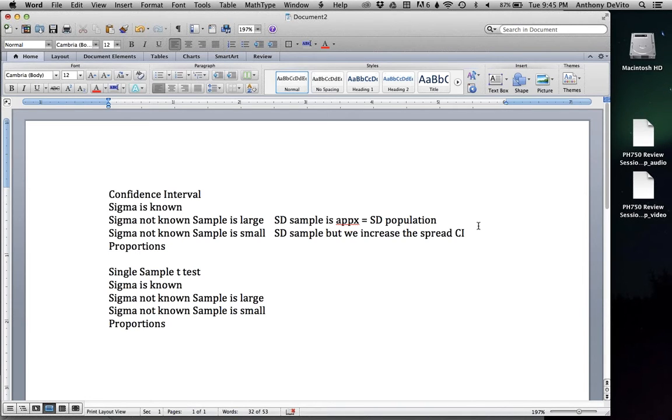So we use the t-distributions. Now the problem is that we don't have a book that has a different t-distribution for sample size 11, 12, 13, 14, 15, 16, like we have a single z table.